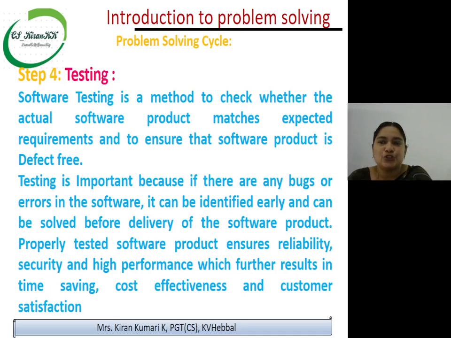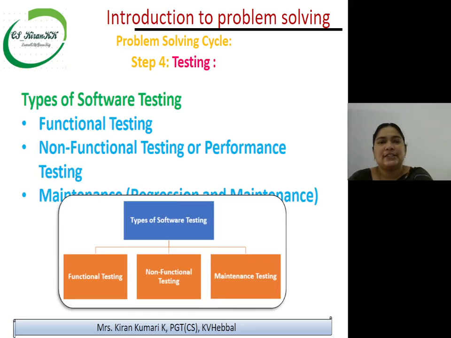Debugging means removal of errors. Any bugs or errors in the software can be identified early and solved before delivery. After delivery, a lot of cost is involved, isn't it? So before delivery, a properly tested software product ensures reliability, security and high performance, which further results in time saving, cost effectiveness and customer satisfaction.